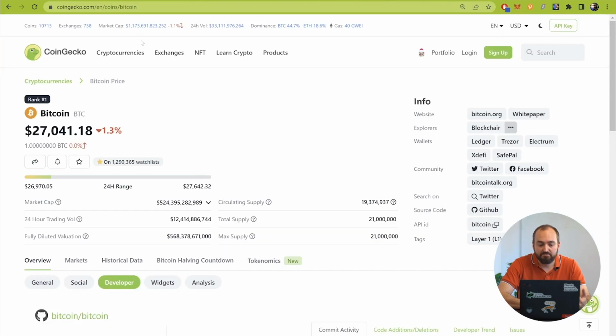Okay, let's check another blockchain that we mentioned, Ethereum, and we'll see what's happening with the Ethereum blockchain.